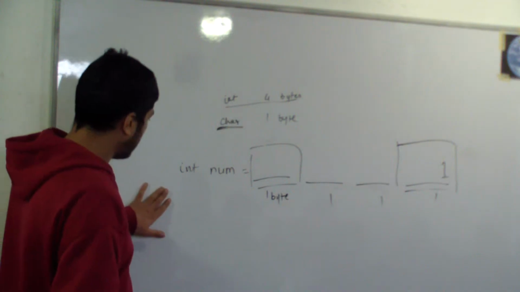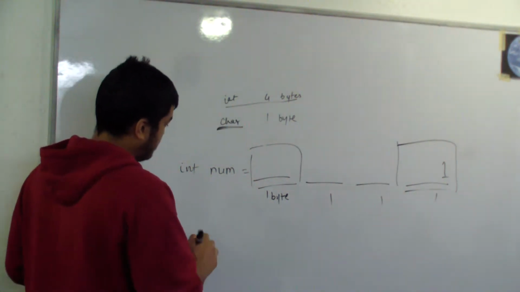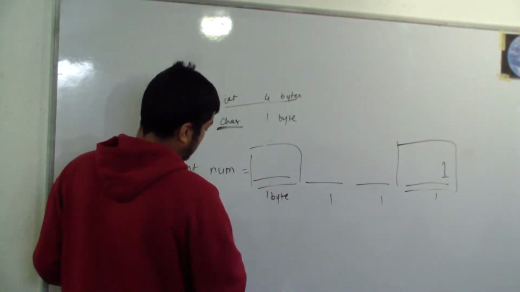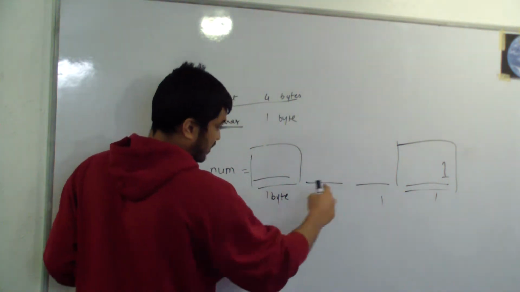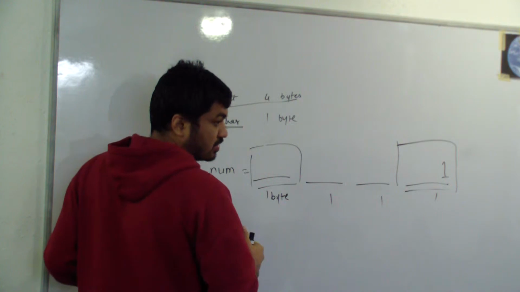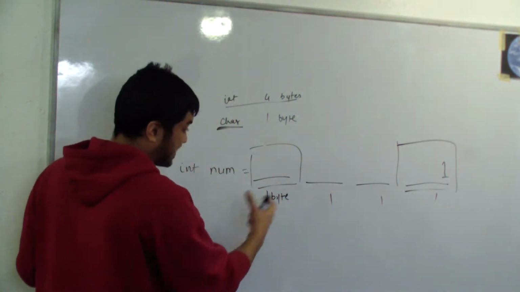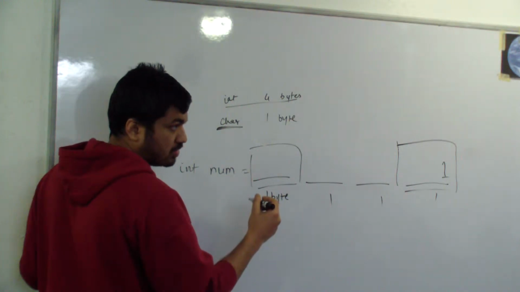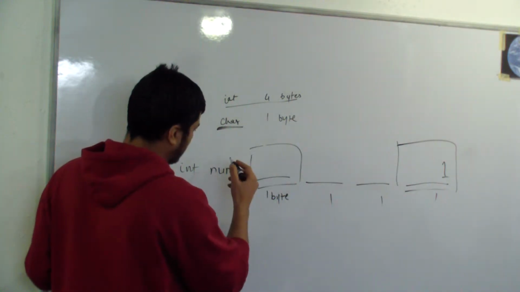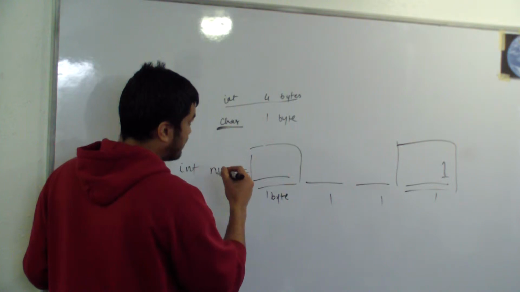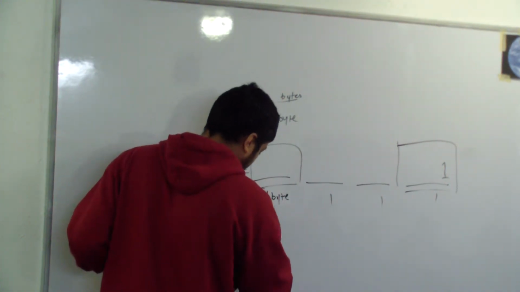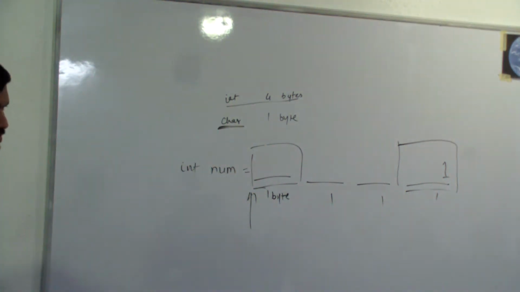Now, what data structure will you use where you can give num the value 1, and then use the char on the same? It has to be on the same starting location. All the parameters of that particular data structure will have the same starting point. Character array? I have a confusion here.